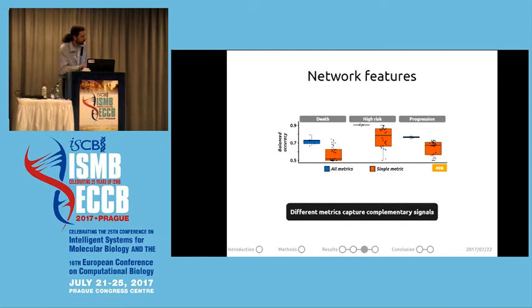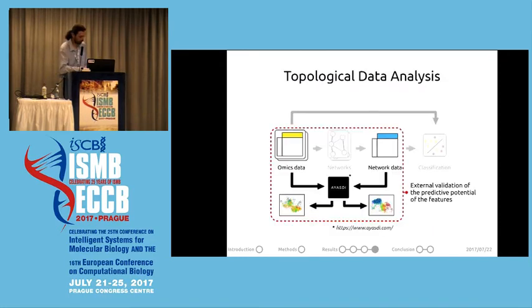You can see that it's clearly superior performance when you're using all at once. We believe that because the different metrics we have used rely on different definitions of centralities, they are able to capture different signals that are complementary for this task.